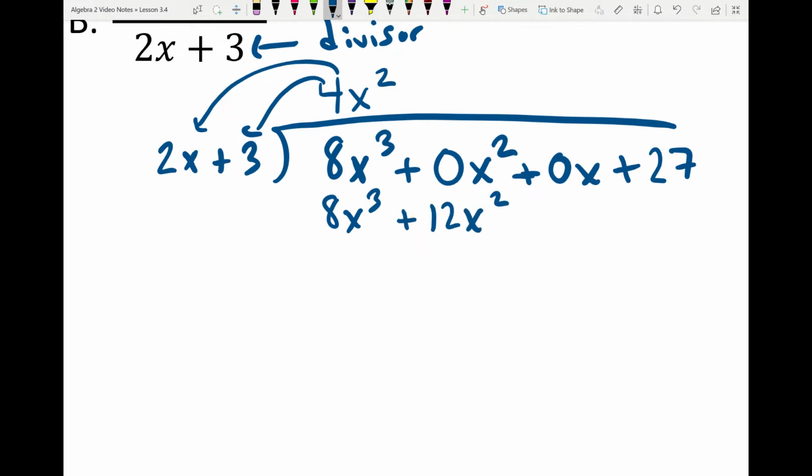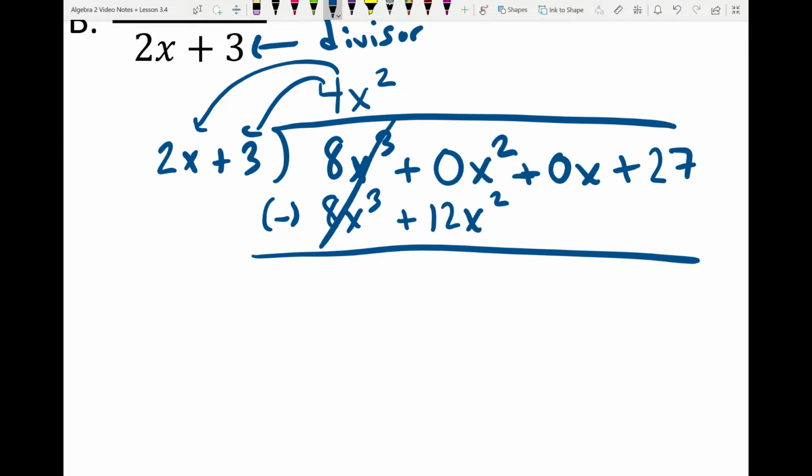Now you see why I included that 0x squared at the beginning: as a placeholder so that I could subtract x squared terms together. So now I'm going to subtract these two, and this is going to be 0.